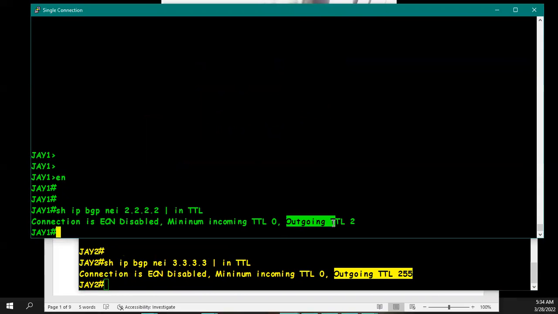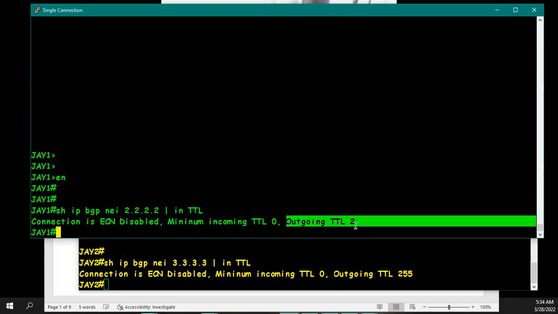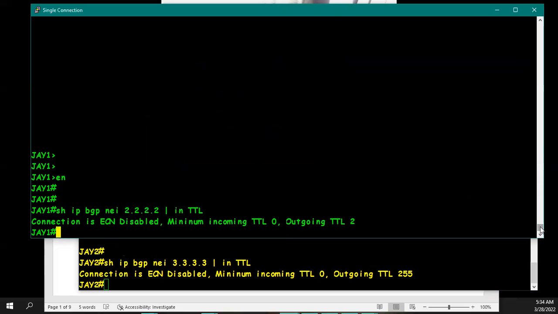The default on an eBGP speaker is 1. So basically what happens is on an external BGP speaker, you get 1 chance to make that connection. That's why when you're reading in your text, it says BGP speakers need to be directly connected and all that good jazz. This is what they're talking about. It's one hop, a one-hit wonder, and it's done.